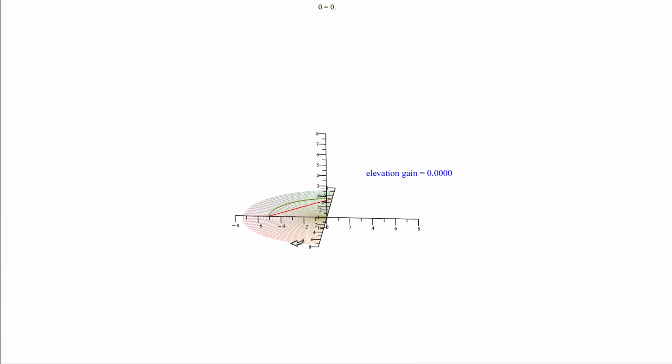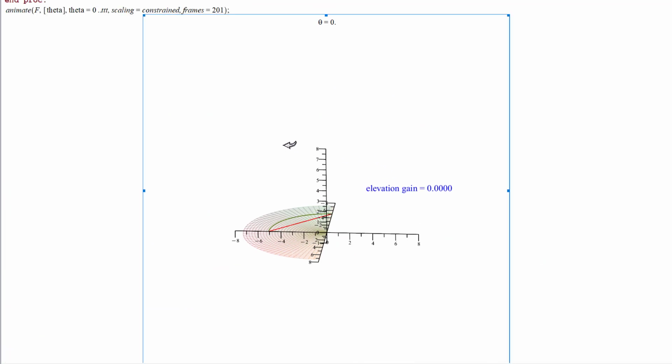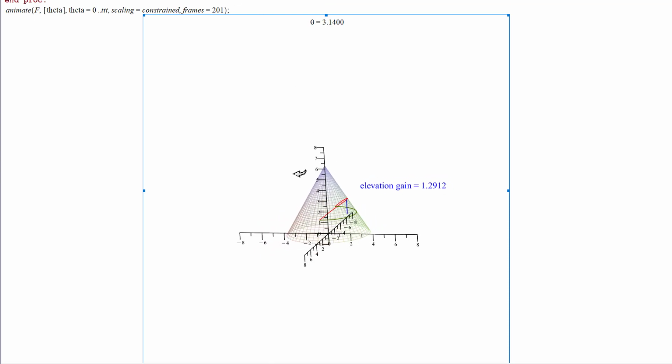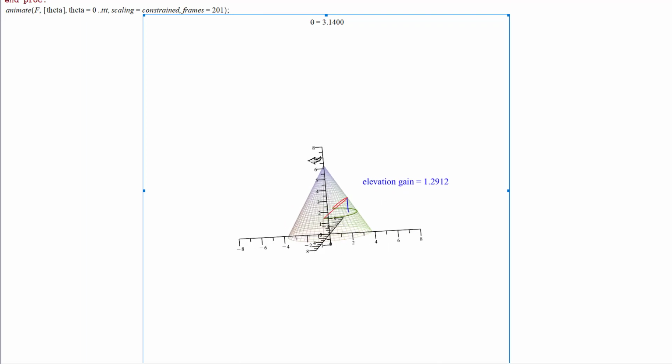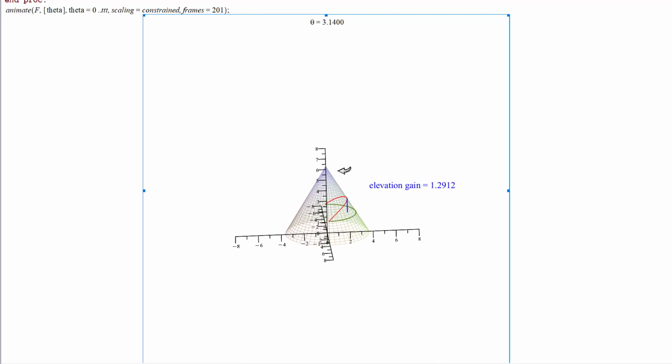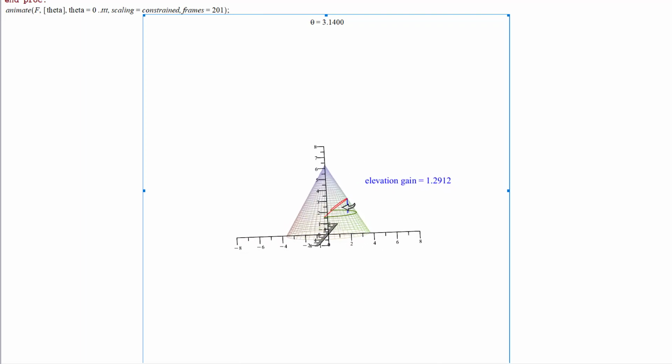And so if you cut pi, you get a much taller cone, but you're not going to get the same amount of elevation gain. This path will be much closer to the latitude the taller you are. It doesn't matter where you start.